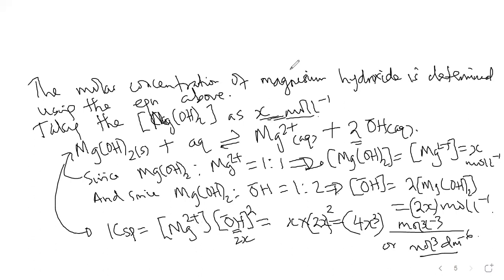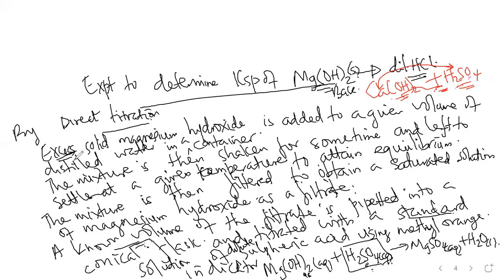This method here is used to determine the solubility product constant of any sparingly soluble hydroxide. How shall we earn our marks here? An excess of magnesium hydroxide, a given volume of distilled water, mixture shaken for some time, left to settle, given temperature to attain equilibrium, filtered, get a saturated solution of magnesium hydroxide as filtrate. A known volume of the filtrate is pipetted into a conical flask, titrated with a standard solution of dilute sulfuric acid.